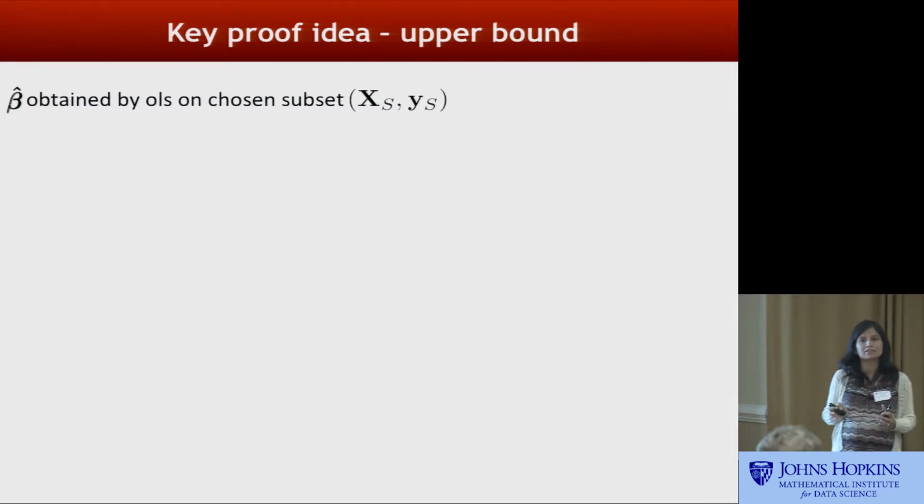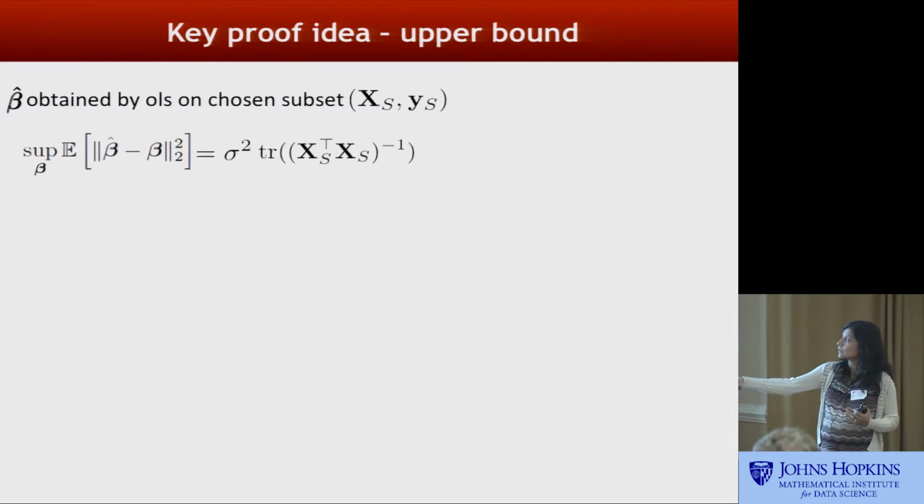It's literally 2 lines and actually goes back to some of the work that Joel was referring to. So the idea is we choose some subset S according to these sampling probabilities. And then we just obtain our beta hat, the regression coefficients, by doing OLS on this subset. So I choose the subset, I collect the corresponding labels YS for it, and I do OLS on it. I look at its mean square error.